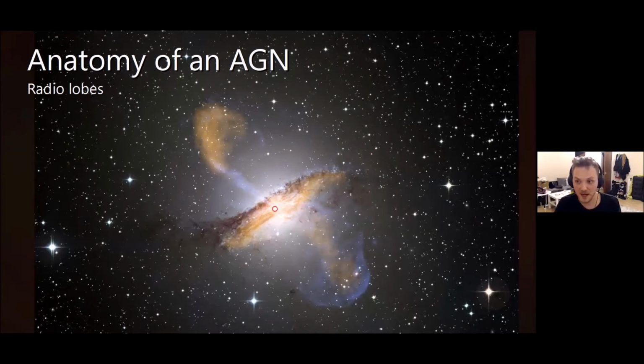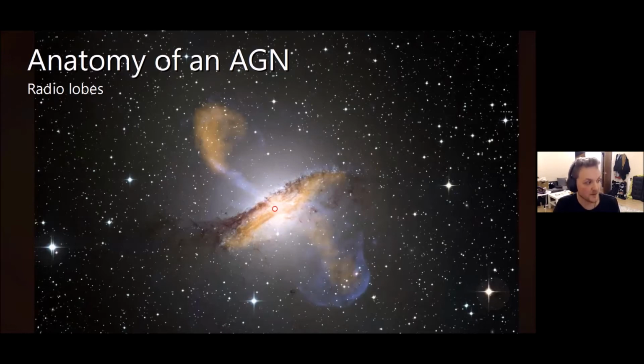The physics behind what drives a jet is actually quite difficult even today, even for theorists, even for people who do simulations. It's quite difficult to exactly derive the math and the models to have these radio lobes.